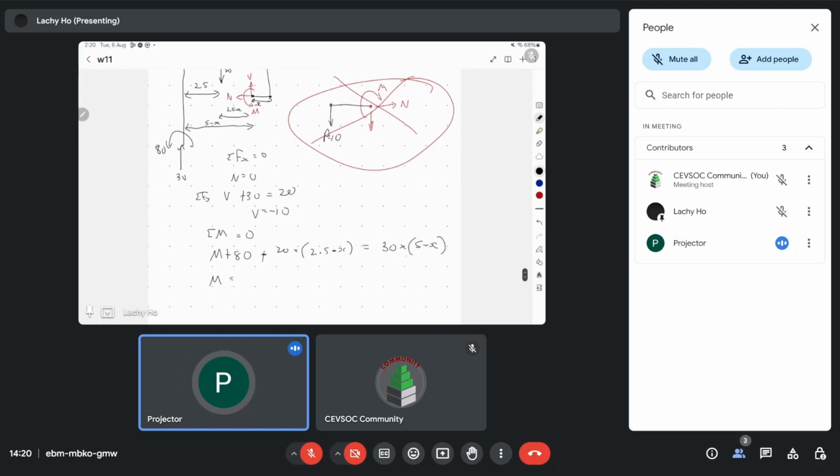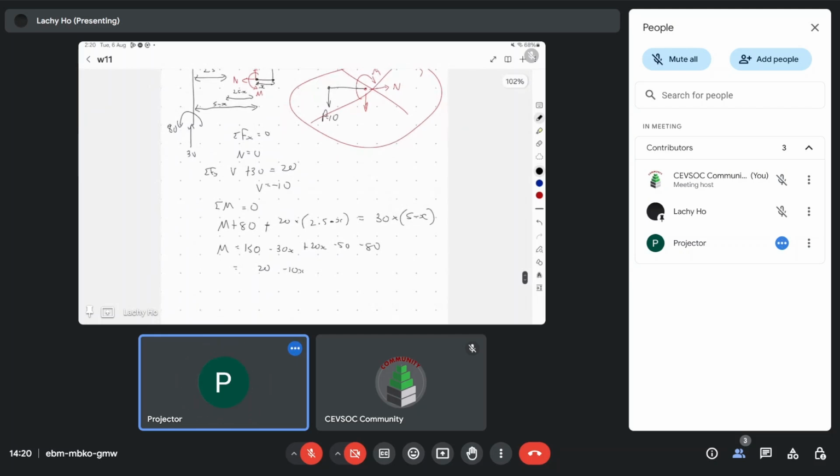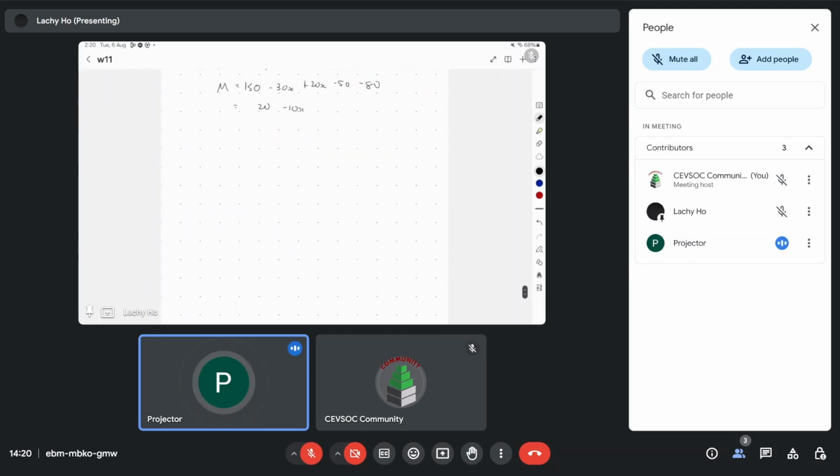So if we simplify this, I think we should get 20 minus 10x. Let's just say that 20 minus 10x. So now putting that all together, we can draw our 3 diagrams that we need to draw. So let's just draw them.